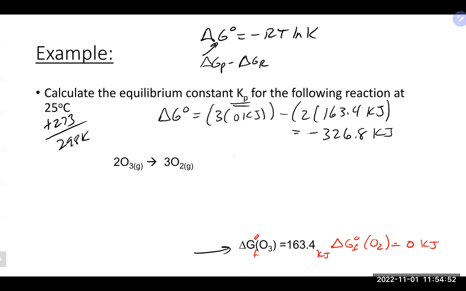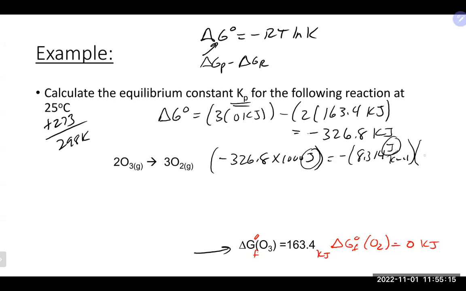So this is going to be minus 326.8. I'm going to multiply it by 1,000 to convert it to joules. The reason I'm doing that is because on the other side here, we have 8.314 joules per Kelvin per mole. Otherwise, I'm in some unit situation that's going to happen there.